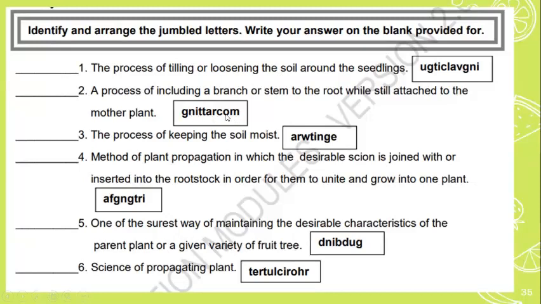Number 3, the process of keeping the soil moist. Number 4, method of plant propagation in which the desirable scion is joined with or inserted into the rootstock in order for them to unite and grow into one plant.